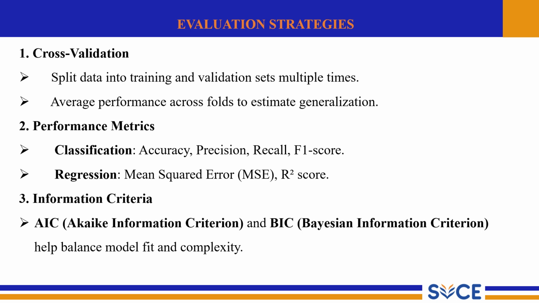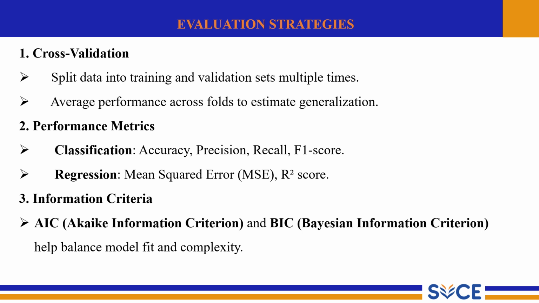Evaluation strategies. Once we have built and trained our neural network, the next crucial step is to evaluate how well it performs. These are the key strategies for model evaluation. First one is cross validation. It involves splitting the dataset into training and validation sets multiple times.